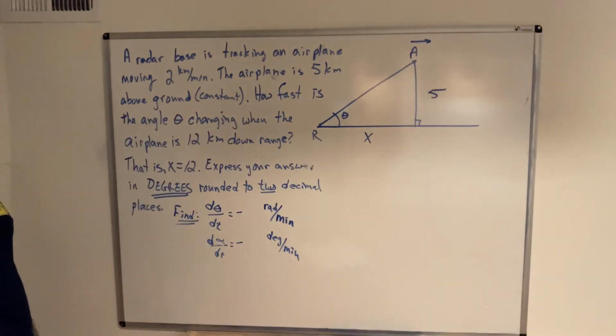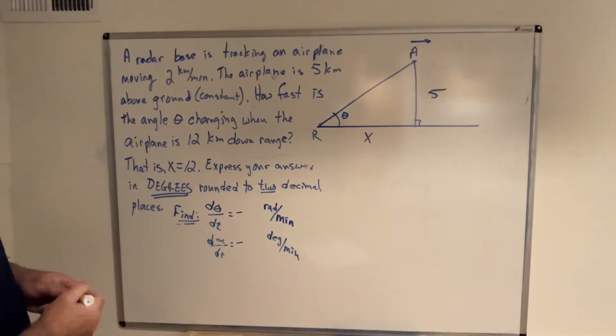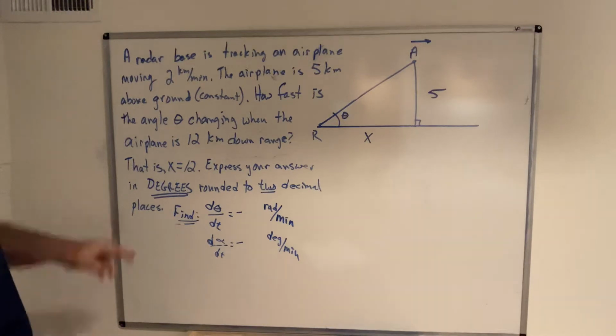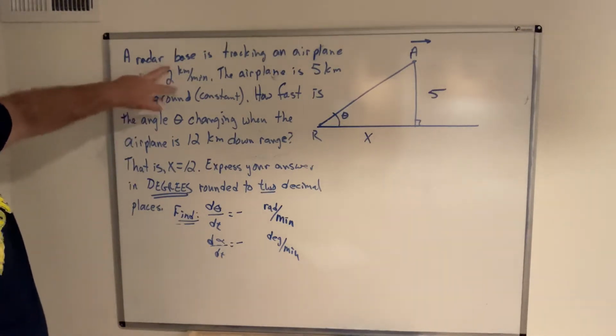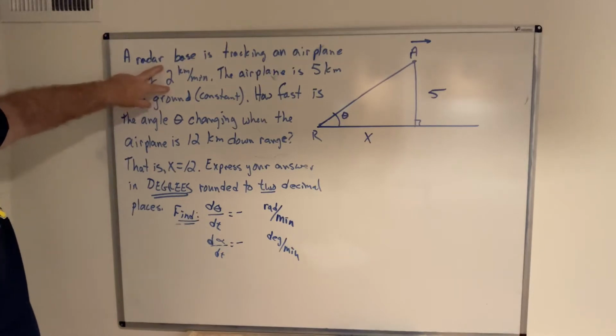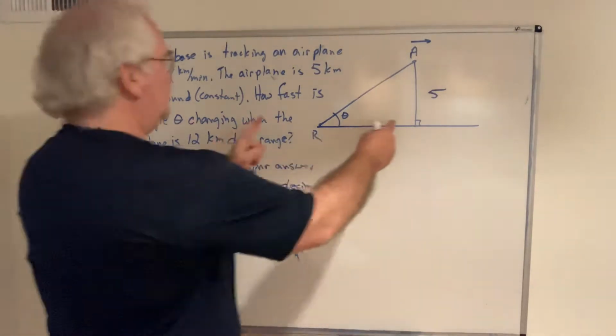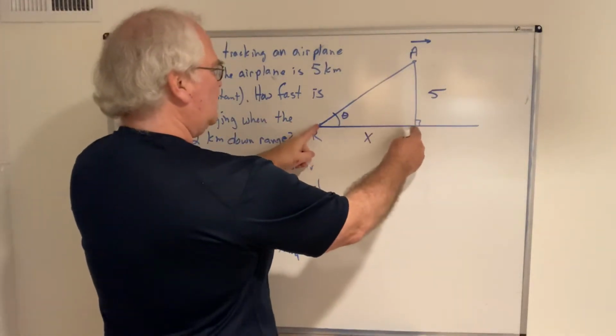Okay, so that's what we're asked to find. What else are we given? We're given that the radar base is tracking an airplane moving. The plane is moving at 2 kilometers per minute. All right. So what is that? That is this distance. X is moving.